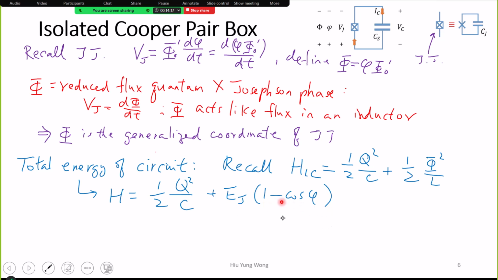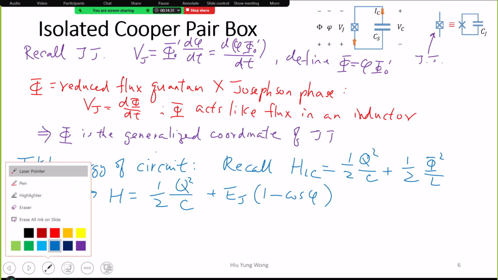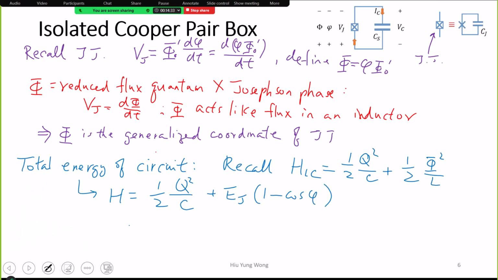Why is this the Josephson junction energy? Because we derived it last time when we studied the Josephson junction. I hope you remember. Now I can further simplify it. I say this is just equal to this one.